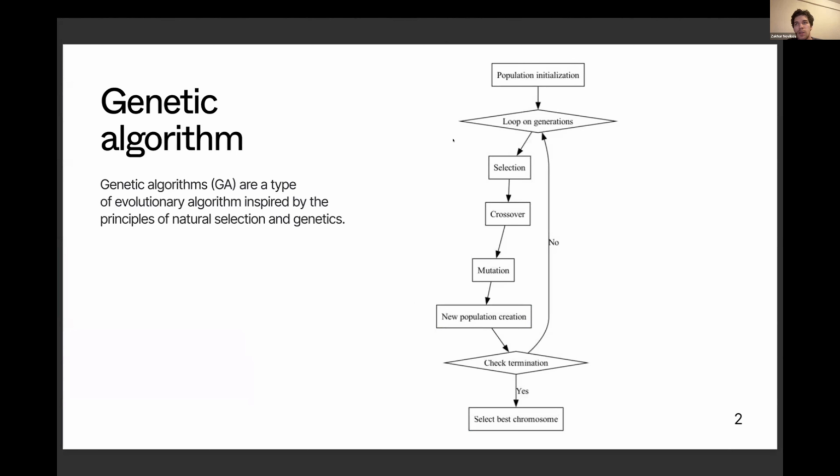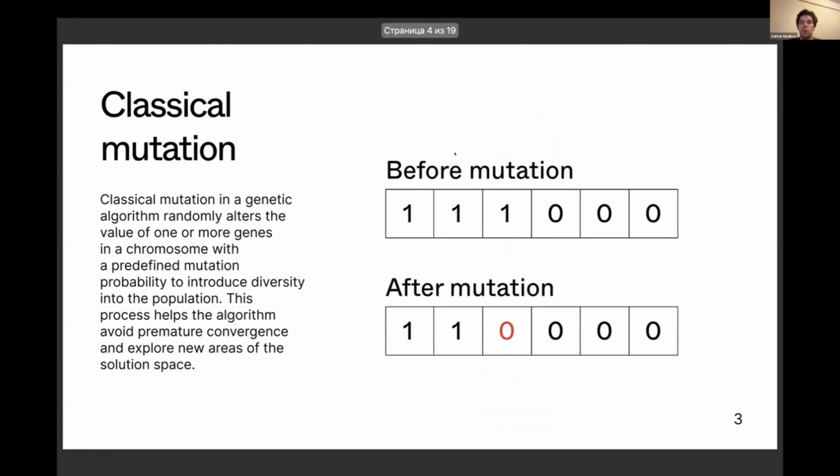It starts with initialization of a population followed by iterative processes like selection, crossover, and mutation. These steps simulate natural evolution to refine solutions and find an optimal or near optimal answer over the generations.